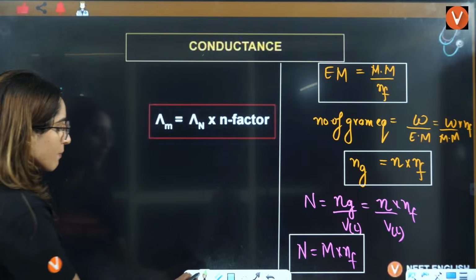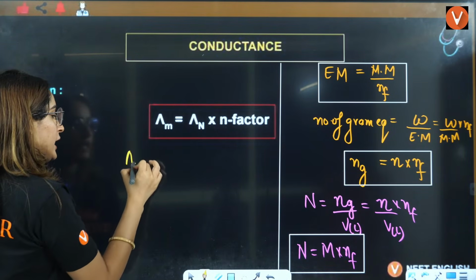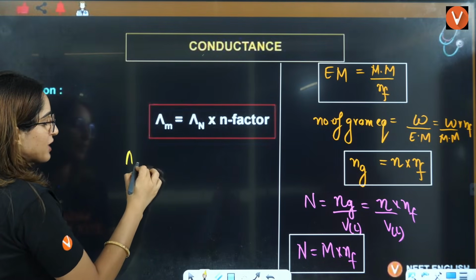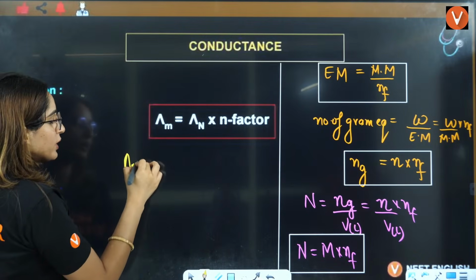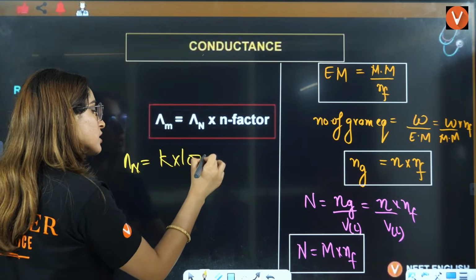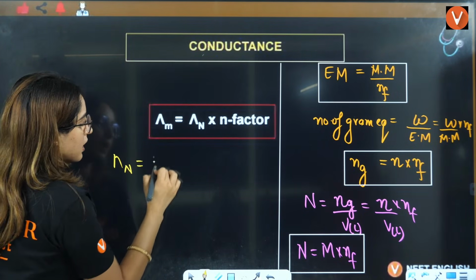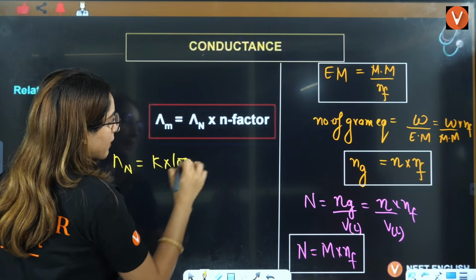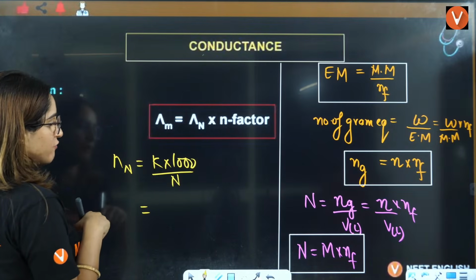Now when we talk about this thing, what is this? Equivalent conductivity. This is also written as N here, totally your choice. Equivalent conductivity is nothing but kappa into 1000 divided by normality. What is normality? Molarity into n factor.